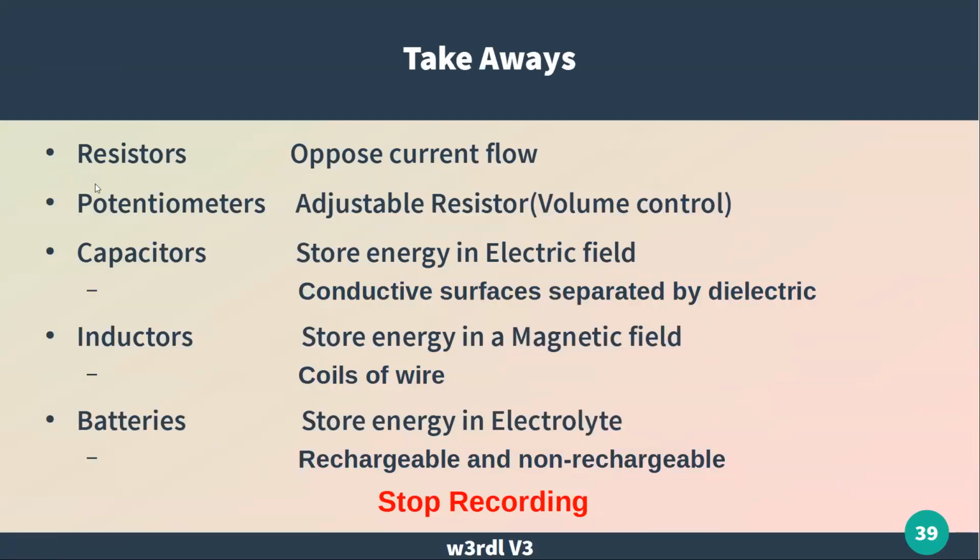Okay, so we learned again, resistors oppose current flow to AC or DC. A potentiometer is an adjustable resistor typically used as a volume control or a voltage control. Capacitors store energy in an electric field, made from conductive surfaces separated by an insulator or dielectric.